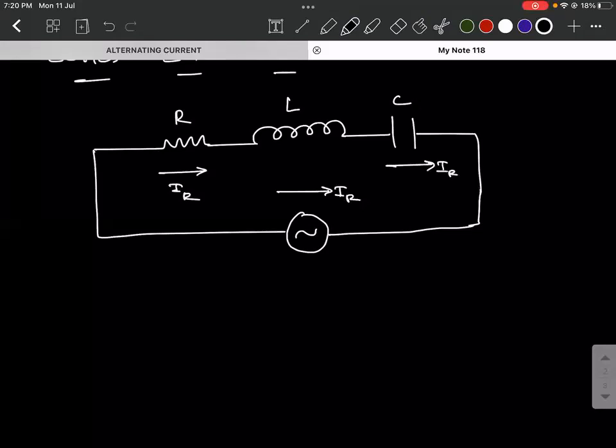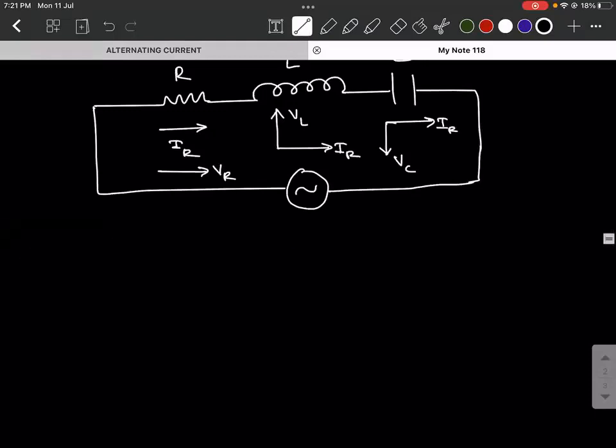How is the voltage related to current in the case of a resistive circuit? They both are in phase. So this is VR. What about VL and IL? The voltage across the inductor leads the current by 90 degrees, and the voltage across the capacitor lags.